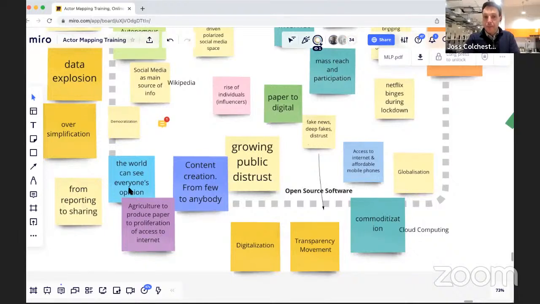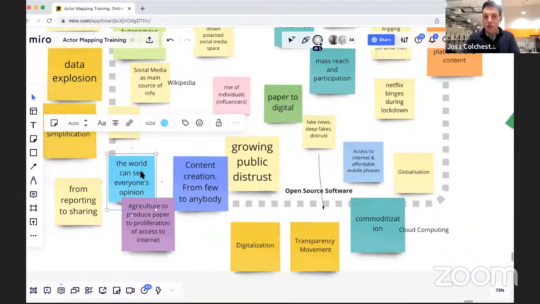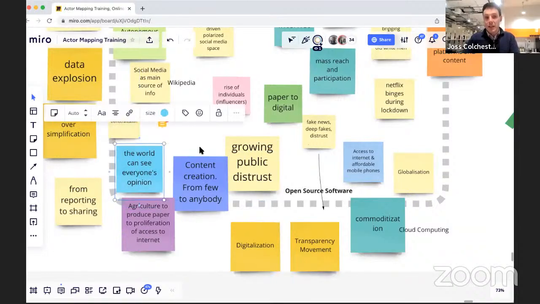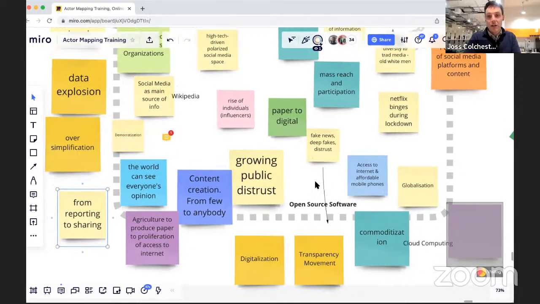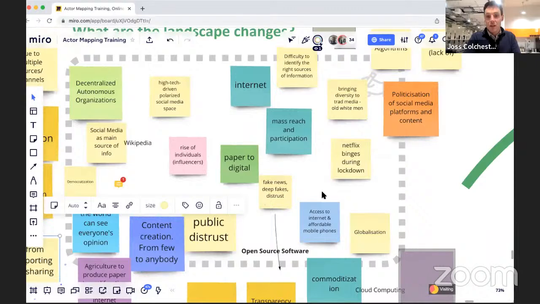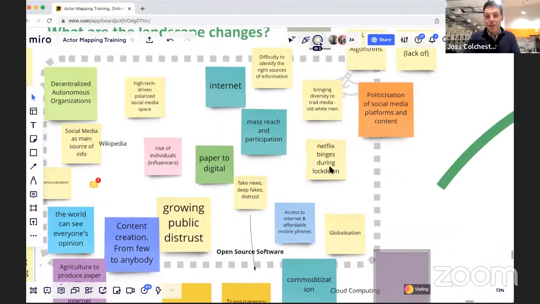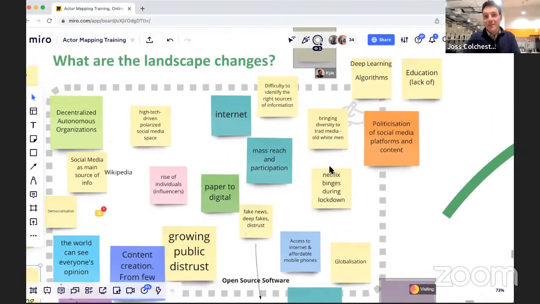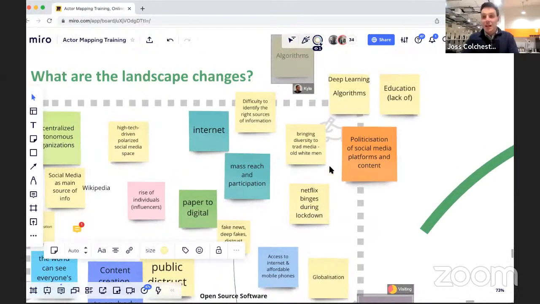Yeah, networked communications. The world can see everyone's opinion. Agriculture to produce paper, to proliferation of access to the internet. Okay, from reporting to sharing, fake news, deep fakes, distrust, Netflix binge during lockdown, deep learning algorithms, education.